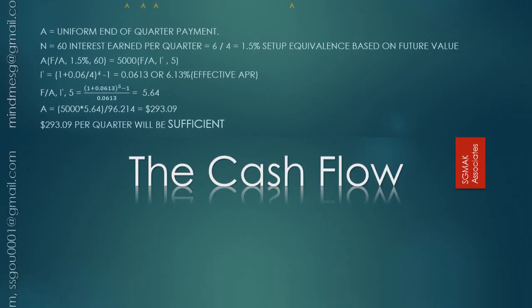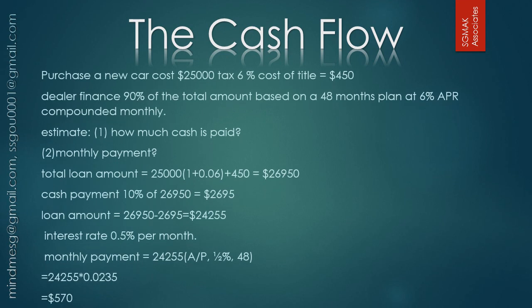Let's move on to another example. You want to purchase a new car that costs $25,000. You have to pay 6% sales tax, and the cost of title is $450. So: a $25,000 car, 6% sales tax, and an additional cost of title of $450. The dealer will finance 90% of the total amount.